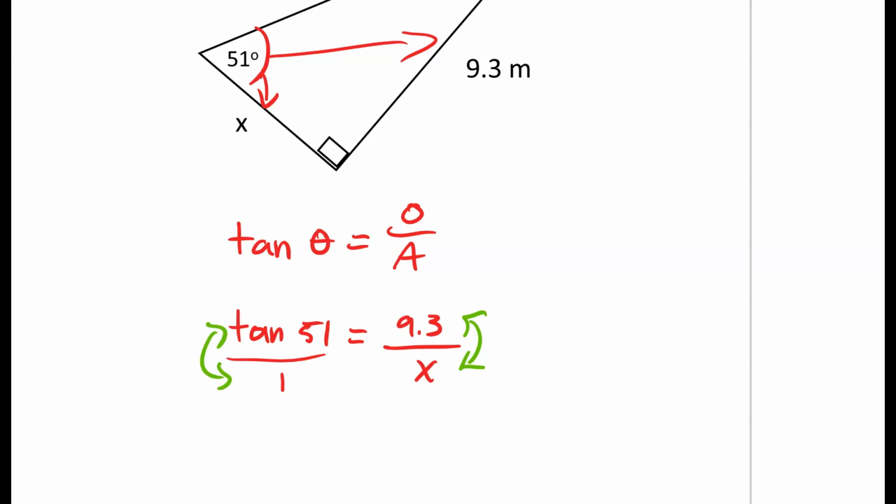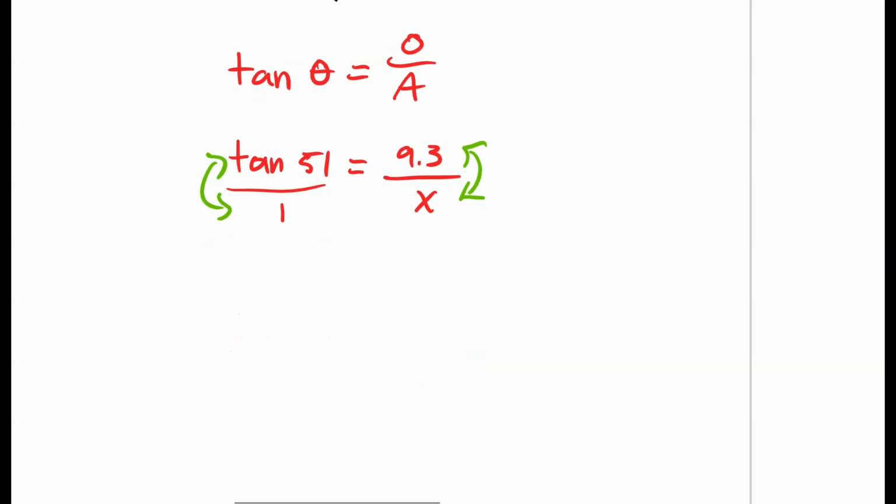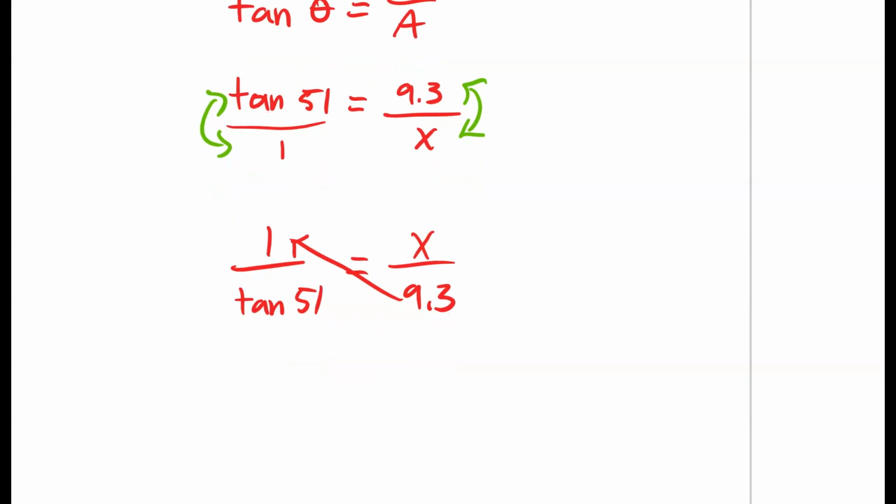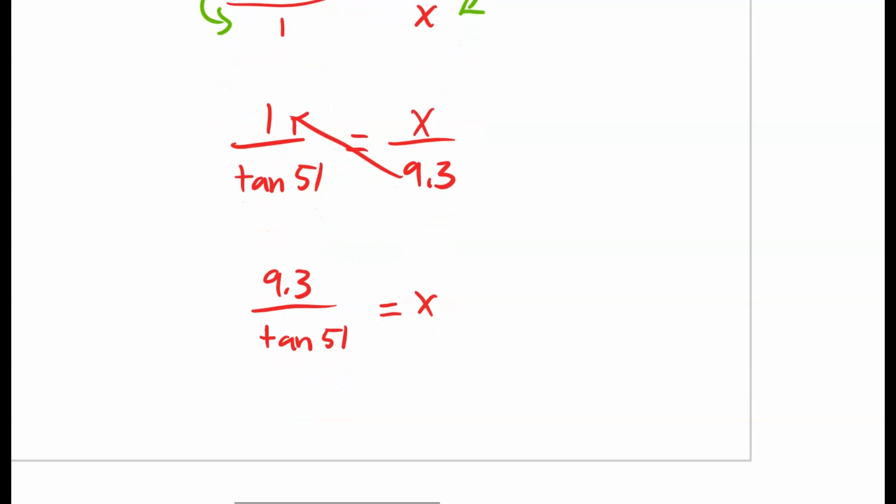So flip this over, and we're going to look at 1 over tan 51 is equal to x over 9.3. Now this 9.3 will multiply up with that 1, so you're going to have 9.3 divided by tan 51 is equal to x.